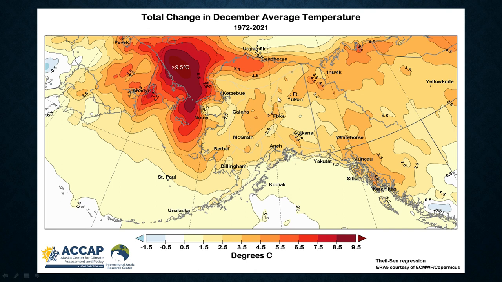But overall, with the exception of some certain areas here and here which stayed about the same, no real warming, pretty much the entire state of Alaska warmed up. But the warming is most noticeable on the North Slope because it's close to the ocean that now is staying open longer. It freezes up later, melts earlier. So it's going to really affect the temperatures.